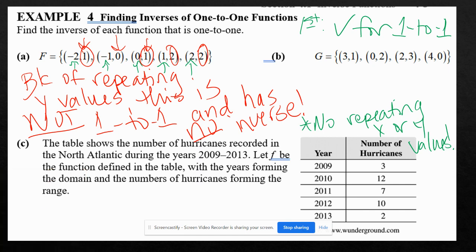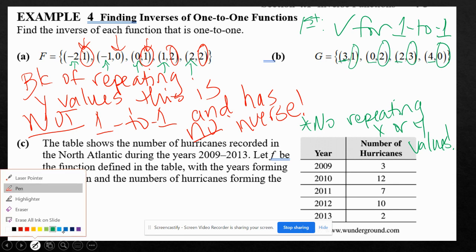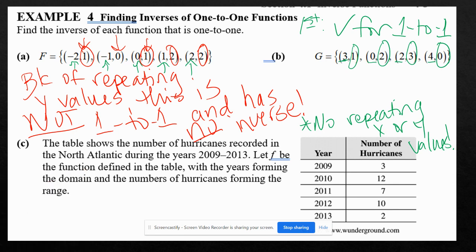Let's take a look at the second one, the g function. All right, I have x values 3, 0, 2, 4. All right, y values 1, 2, 3, 0. None of that's repeating. So this is 1-to-1. Now that we know that it's 1-to-1, we can find the inverse function. So we start with the notation that negative first power says, hi, I'm an inverse.